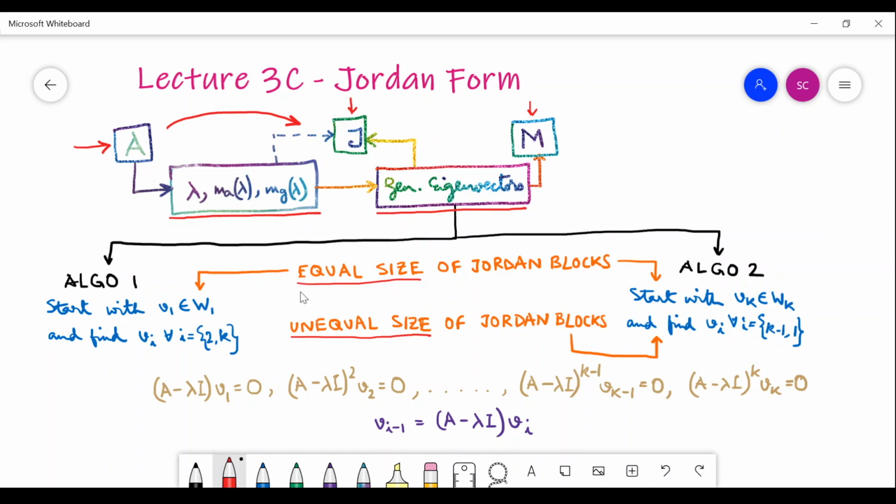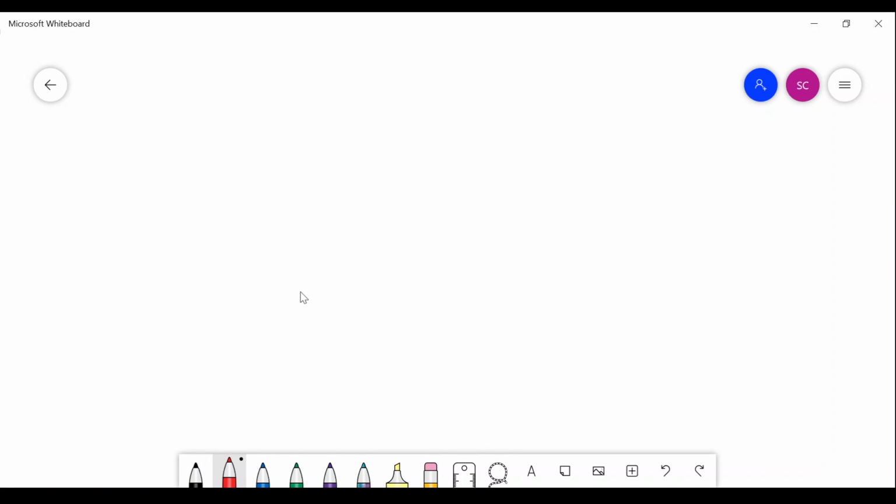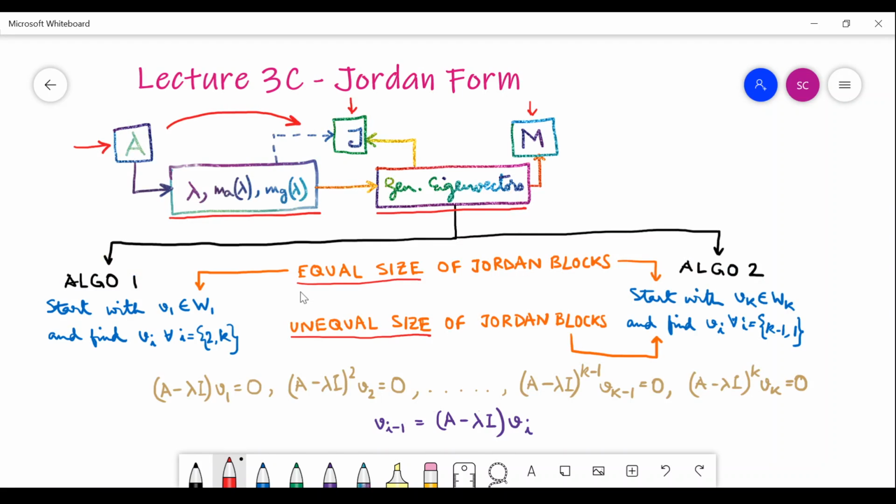But if it was 3 and 1, then it would be unequal size, and we would have to go through algorithm 2. So though algorithm 1 may seem easier, algorithm 2 is the more important one which we should understand. We will go through both, and you may use either when you have equal size Jordan blocks. But if you have unequal size, you have to go through algorithm 2.